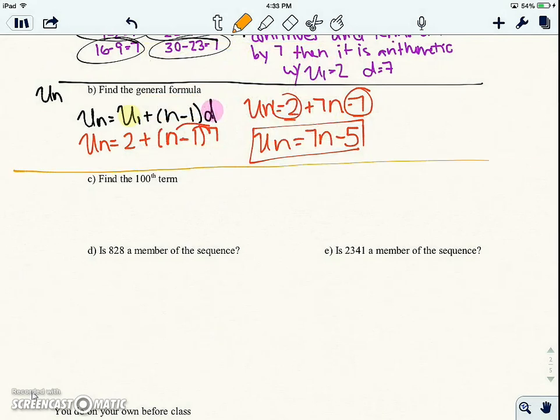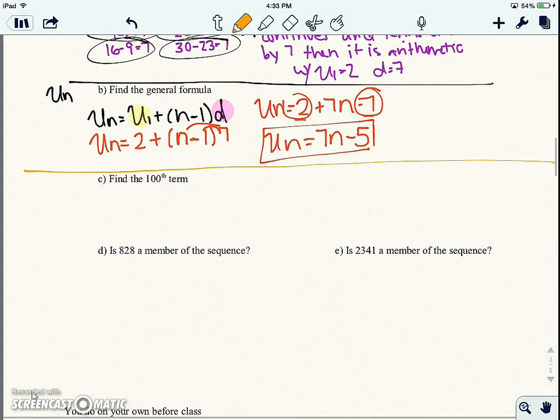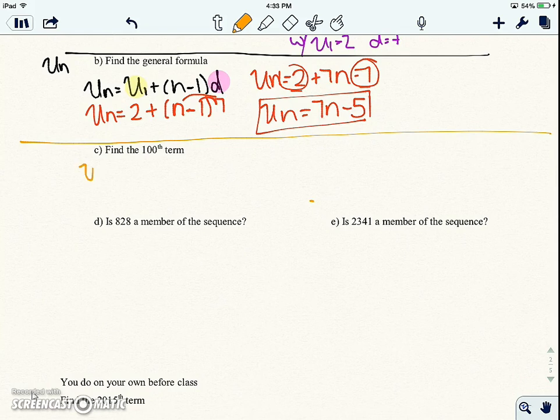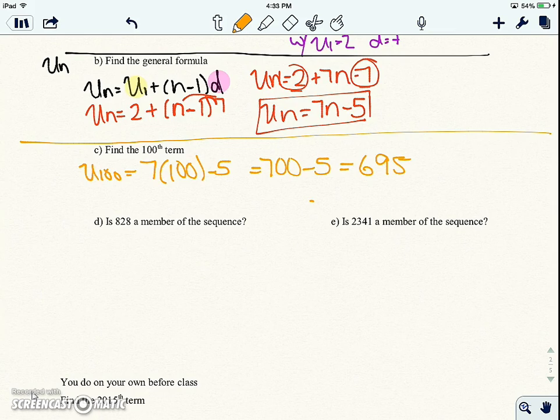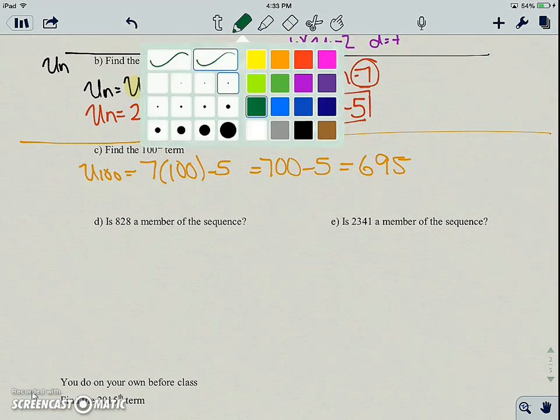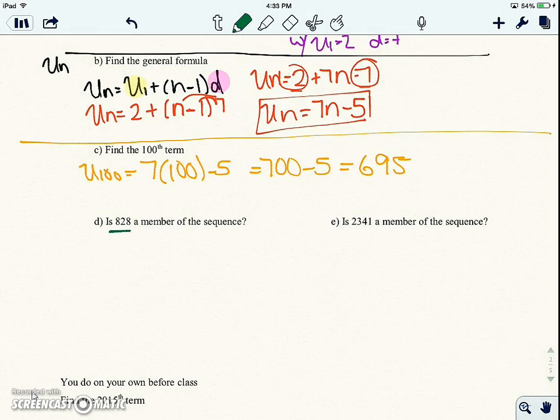Okay, so to find the 100th term, that just means we plug 100 in for n. And so our formula is 7 times 100 minus 5, which of course is 700 minus 5, 695. So the 100th term in the sequence is the number 695. Now our question is, is the number 828 a member of the sequence?